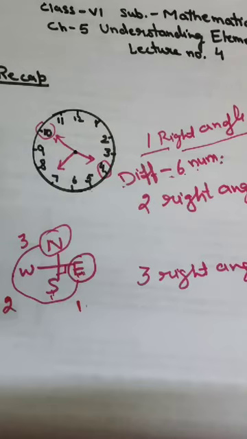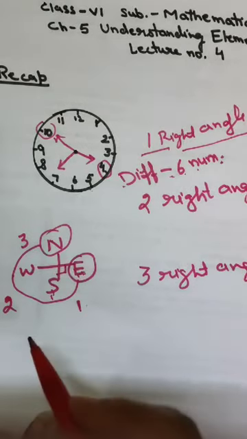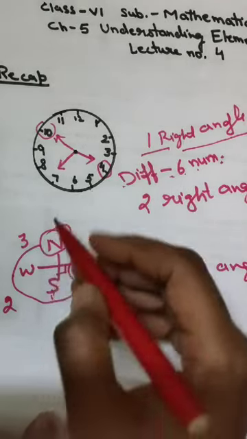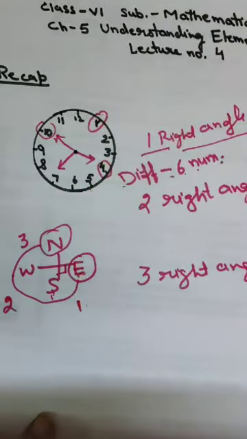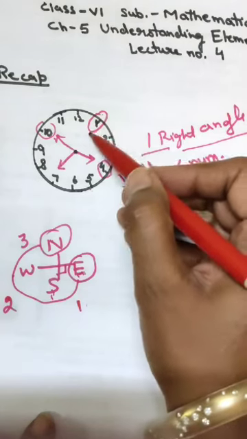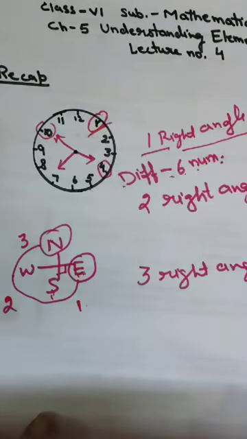Next we have done that the starting time is given to us, that our clock hand is at, suppose, 1. Okay, our hand of the clock is at 1 and it turns 2 right angles, where will it stop?